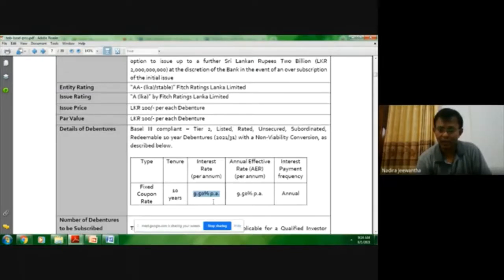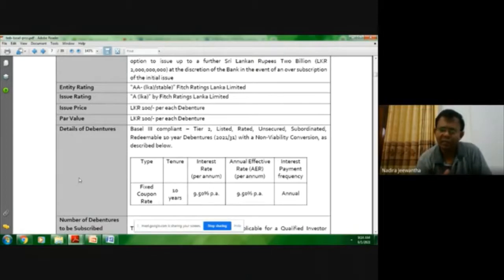Now see, understand this. Similar instrument can be issued after three years' time, depending on the prevailing interest rate, right? If you have a callable option, we will come to that later. Okay, we will complete that one.